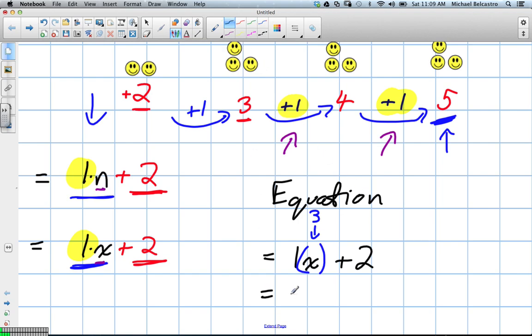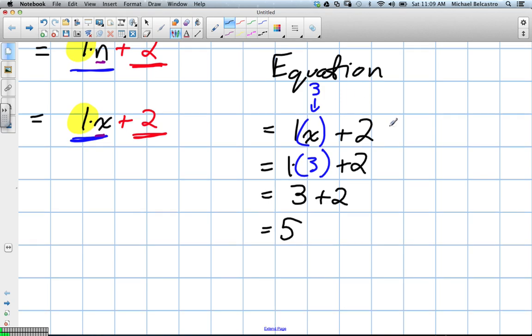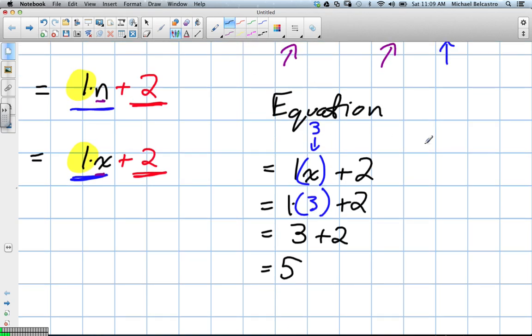So we have 1, we input the number 3 for the x. Okay, and let's see what this equation outputs for us. When we do BEDMAS, 1 times 3 would be what? 3. And then the only thing left is 3 plus 2? 5. 5, that's right.